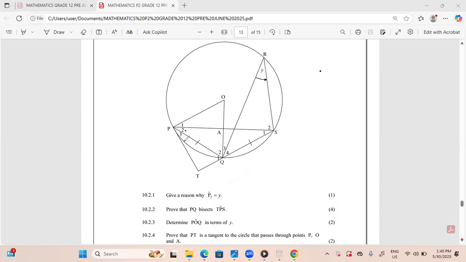Oh, this is one of the theorems that says equal chords subtend equal angles at the circumference of a circle.